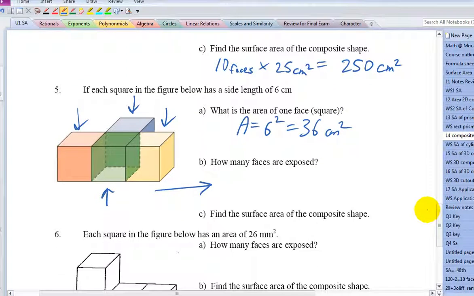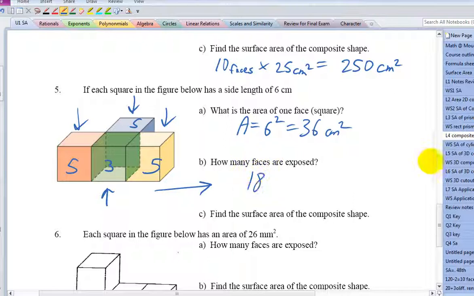Okay, so let's look at our object. This yellow cube here on the right, how many faces are exposed? How many are exposed for this one on the left, the pink one? 5. This blue one at the back, how many are exposed? Good. This green one, how many are exposed? 3. All together then? 18.